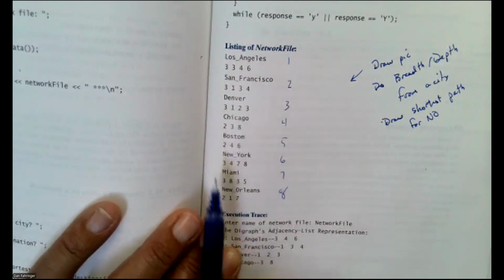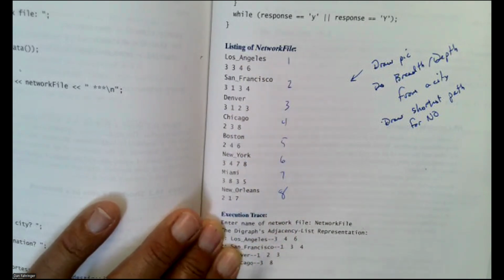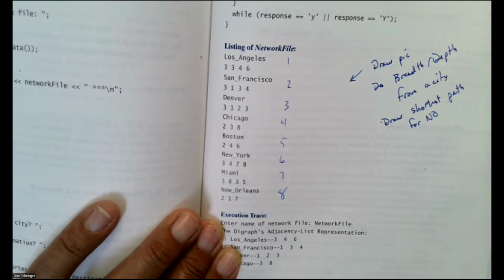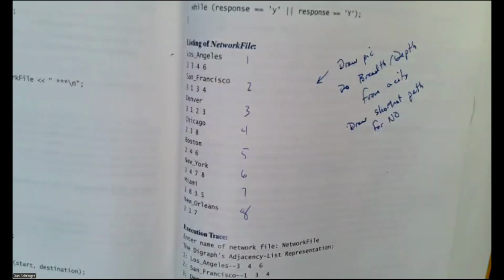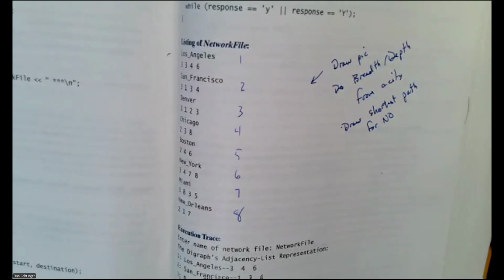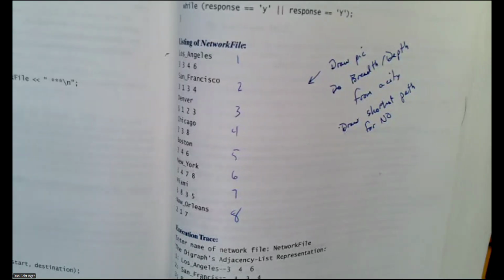Let's draw this digraph. I want you to draw this digraph. I'm going to figure out the US. We have LA out here on the West Coast. We have San Fran, it's up above LA.